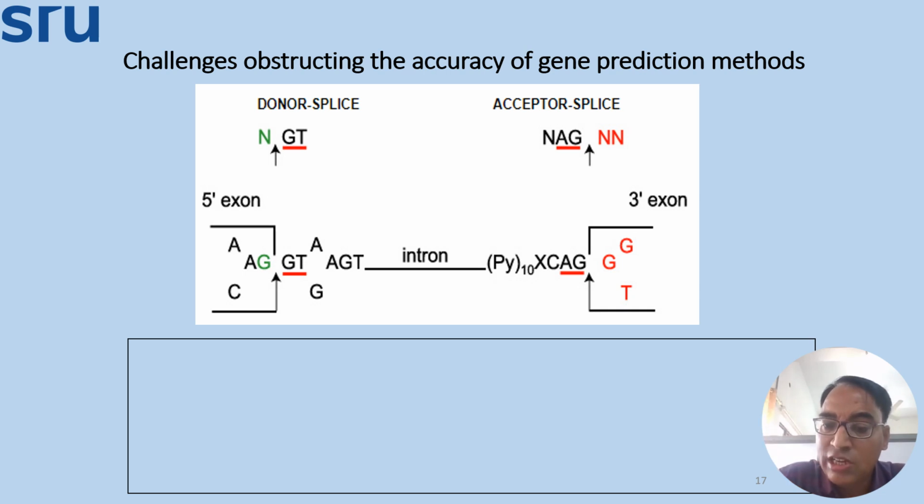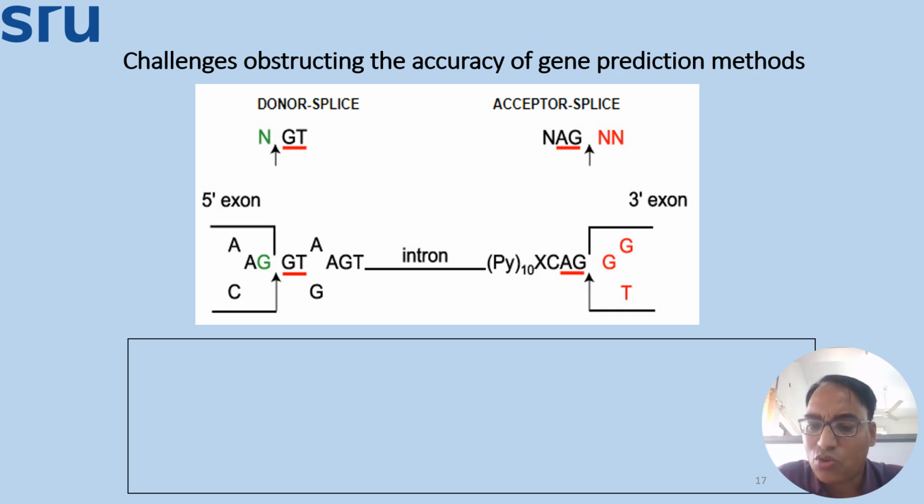This is the specific regulatory part which is conserved in the intron. If I use syntax in computer data to find all the intron boundaries, this is termed a regular expression. If I use the regular expression of this, I can find the positions of introns in the DNA, and then the intermittent segments are the exons.